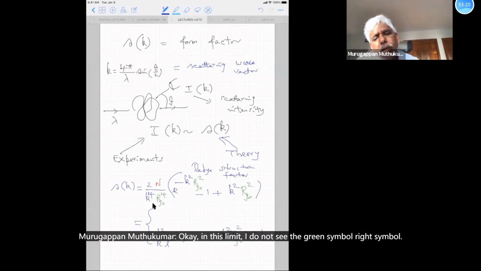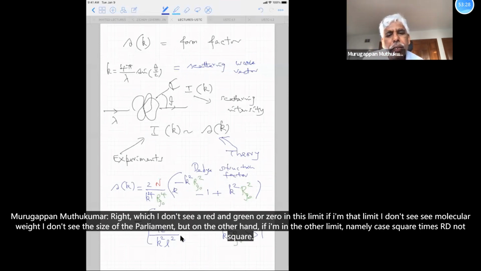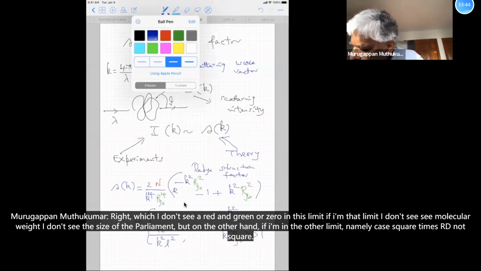In this limit, I do not see the green symbol or red symbol, because I don't see a red N or a green RG0. In this limit, I don't see molecular weight, I don't see the size of the polymer.